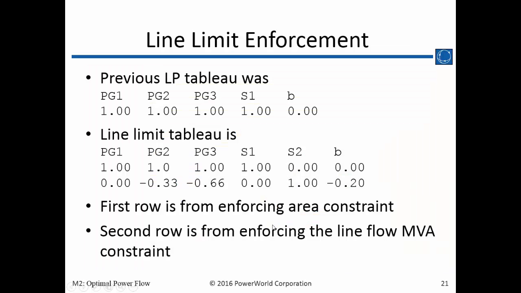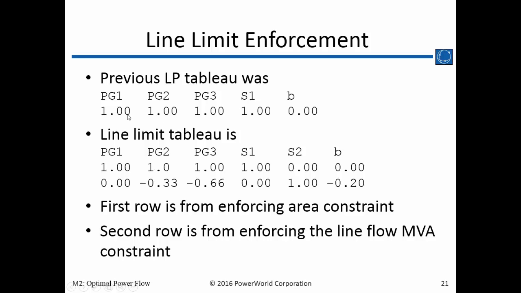So we'll take a look at linear programming a little bit in the next section, but the way it's formulated is there's an area constraint that must be met, and there's a transmission constraint that must be met.